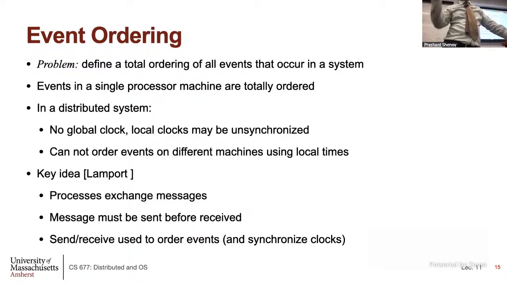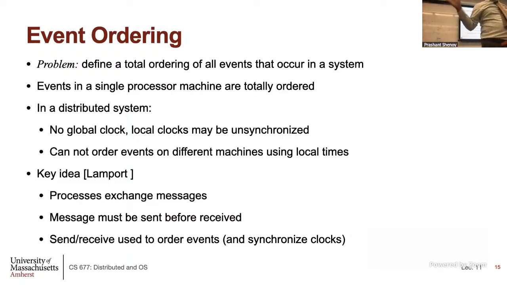Instead, we will say these are events we care about. It could be I sent a message, or I received some message, or something else happened on the machine. There are some events that are important to this application. And you want to construct an ordering of these events across machines that allows us to figure out which event occurred before which other event, which is a total order.